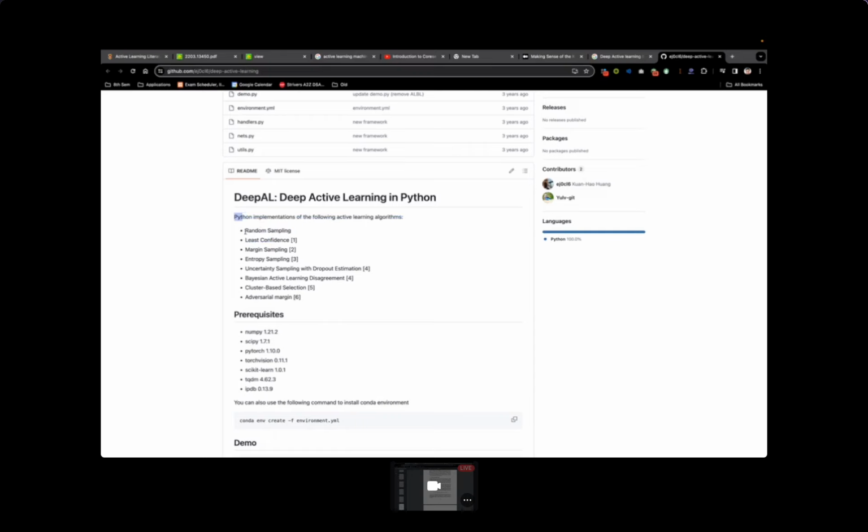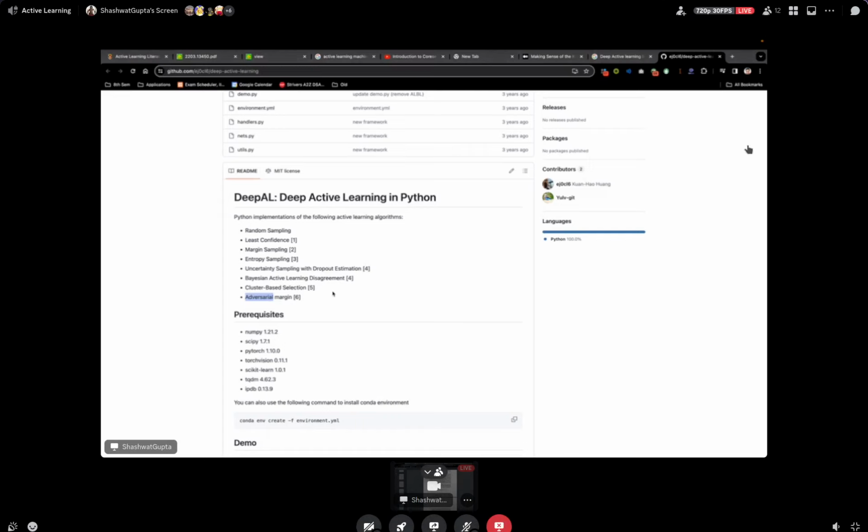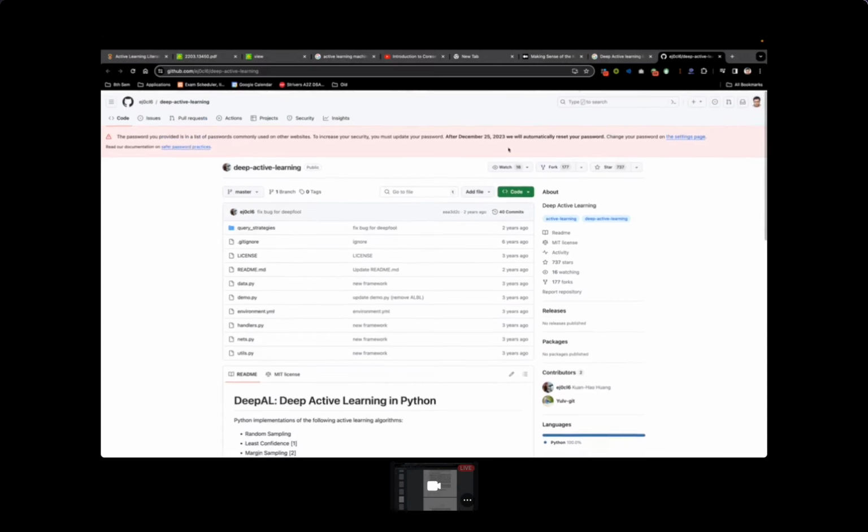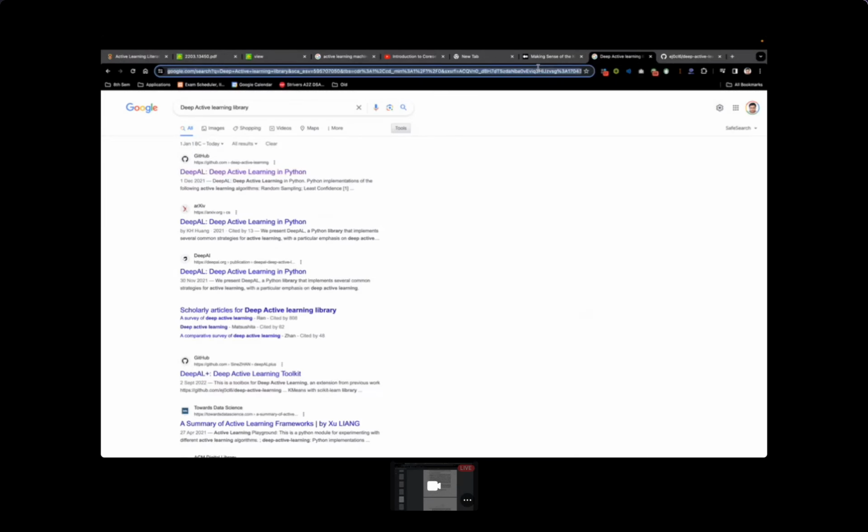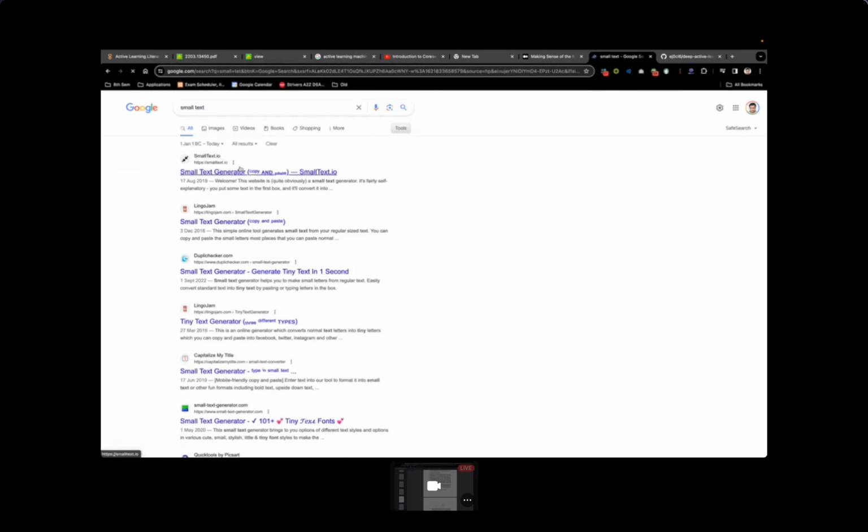It already provides various methods, and we discussed these: entropy, uncertainty with dropout, where dropout is basically when you switch off some of the neurons in the neural network, and cluster based, we did k-means, mean shift, and all those, disagreement we did, adversarial margin we did not do. And these libraries are very handy. There is another library for NLP.